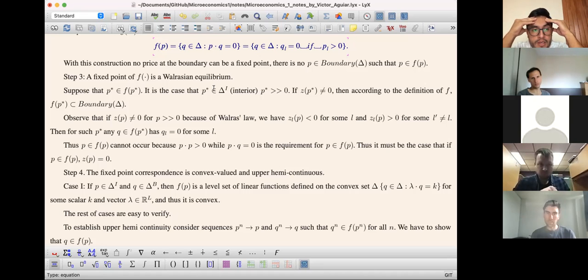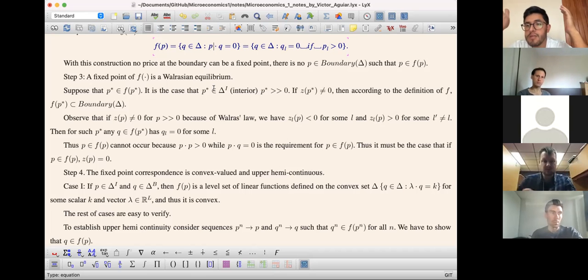Suppose that P star is a fixed point. Imagine in this case that P star is in the interior, so it's a positive price. Now you have several cases. If Z dot P star is different from 0, that means there are some entries which are not 0.